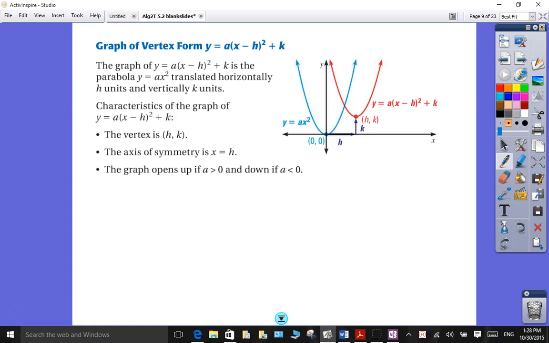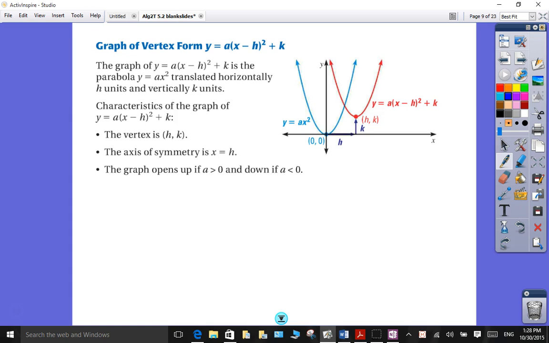The vertex is (h, k). So h is negative b over 2a, and k is f of h. They always present it in that order, where in the first section you don't use h and k, but you know all along you're doing h and k. To me, I always want to start using h and k.